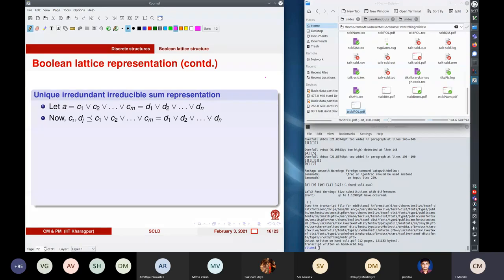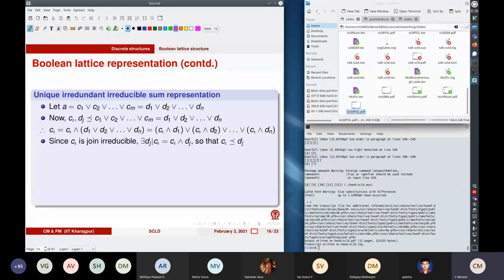What you can see is that any Ci or Dj will satisfy this property: it will be a predecessor of this. So we can therefore write it in this form. This is a simple property of the meet. So you can write Ci in this form, and then you can apply distributivity, because we have assumed that distributivity holds in this lattice.